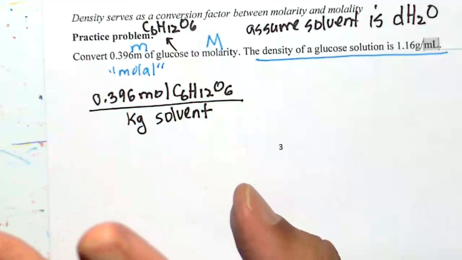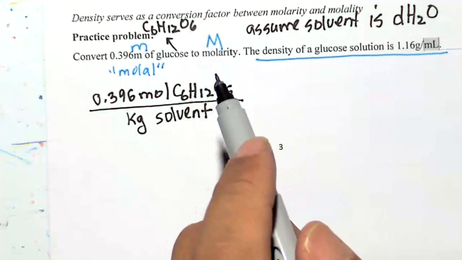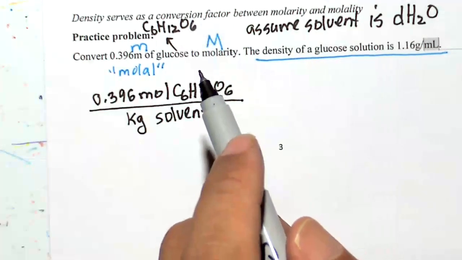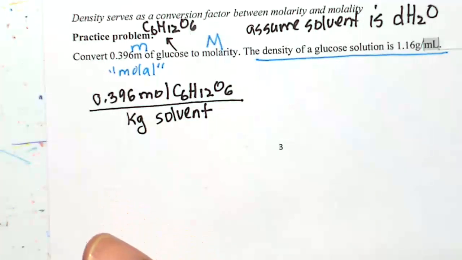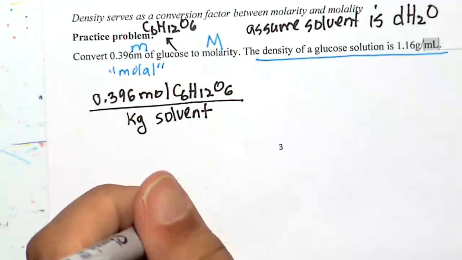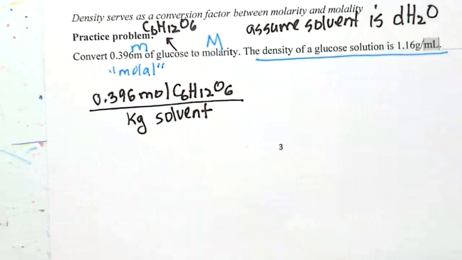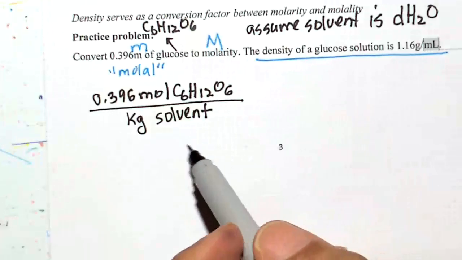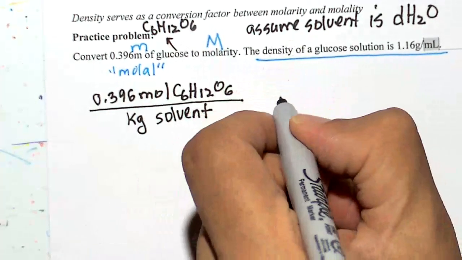Without any other information, if they're purposely vague like that, you can assume the solvent is water, but when I write the exam, I will make sure that the solvent is water, or aqueous. So this is what 0.396 molal means: 0.396 moles of glucose per kilogram of solvent.